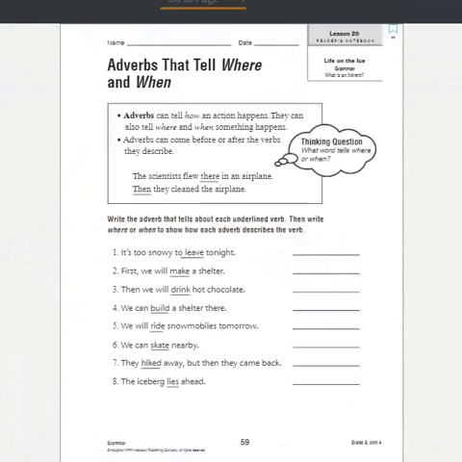We've got number 7 now. They hiked away, but then they came back. So we have here the underlined verb is hiked. Which word here describes hiked? Away, right? Then here describes what? Came.